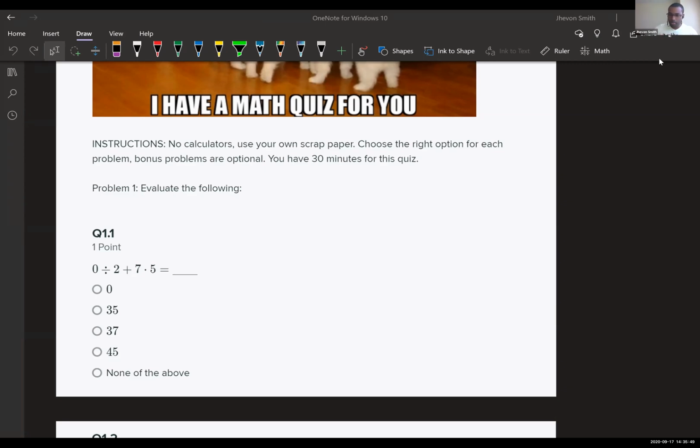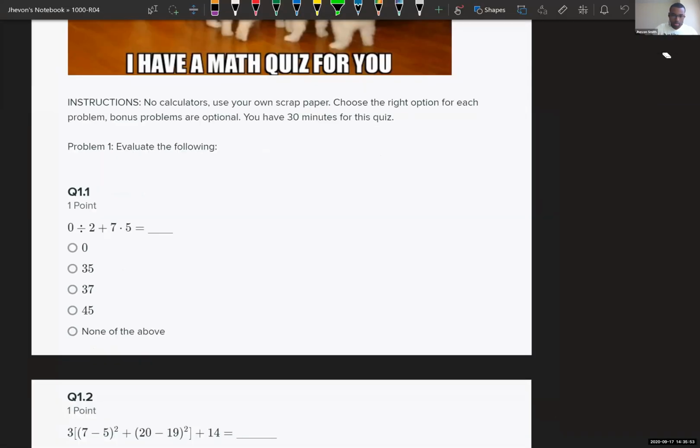So the rule here that we're looking for is PEMDAS. Okay, so this tells you the order of operations. So whenever there is ambiguity, this is how you decide what the thing you actually want to compute is.